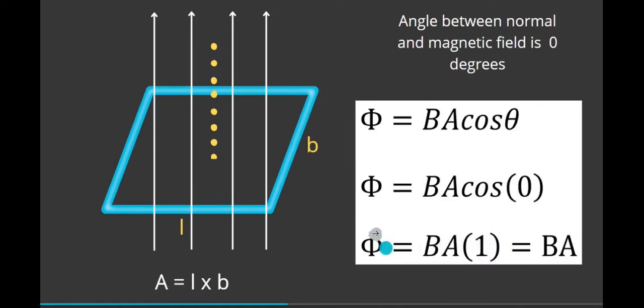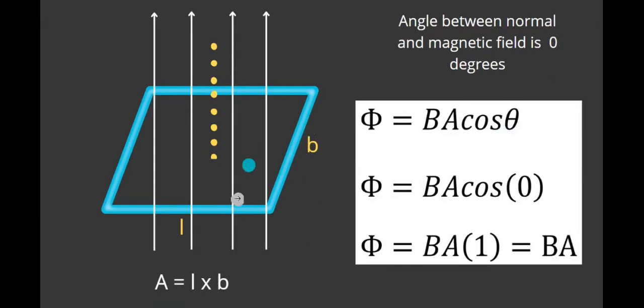So the magnetic flux will equal B times A. Maybe you'll be given in the question that B is 20 T, and your area, you'll be given the dimensions, and then you can calculate it, and then it's just a matter of substituting there.